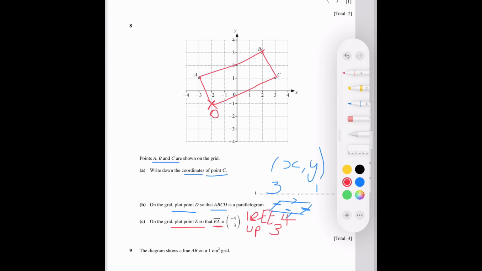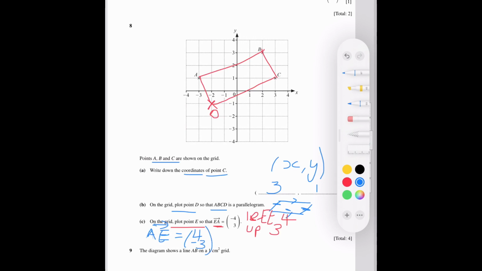So the easiest way for me to work it out would be to go from A to E, which I know is going in the opposite direction. So A to E, instead of going to the left 4, it's going to go to the right, making the 4 positive. And instead of going up 3, it's going in the opposite direction, which means it's going to go down 3.